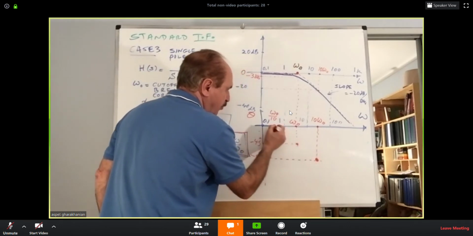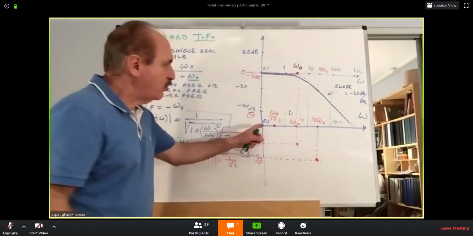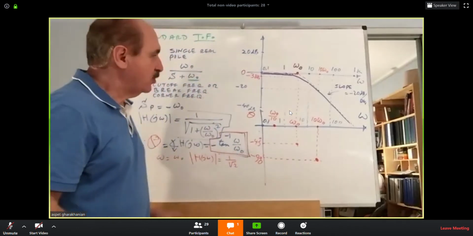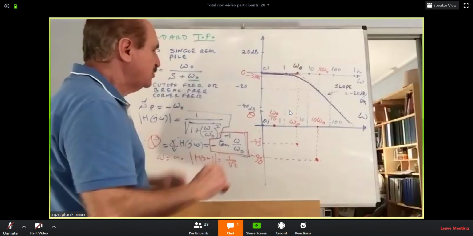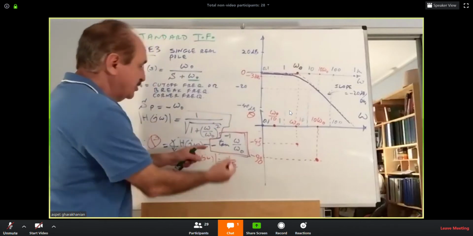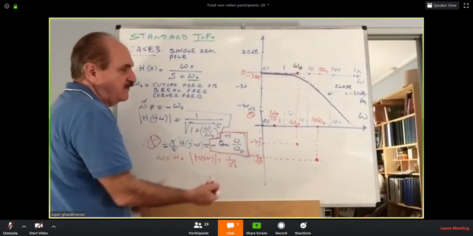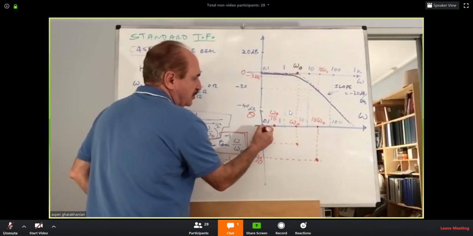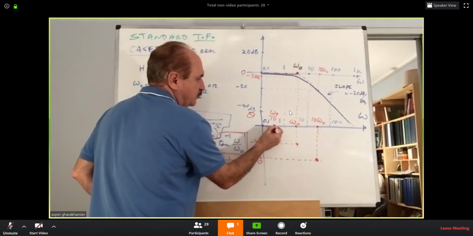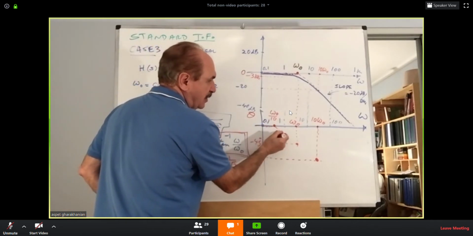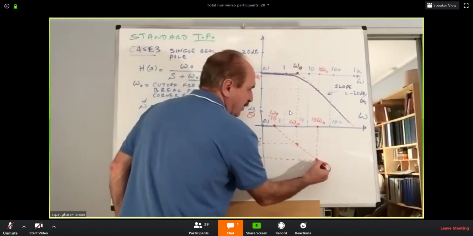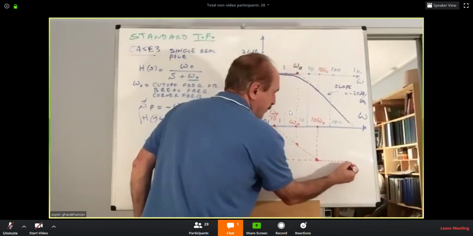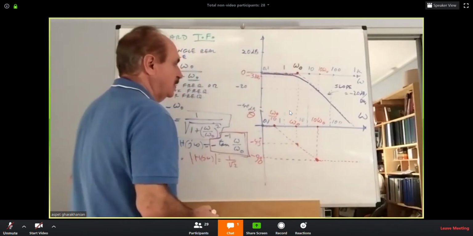So we got 3 points, and these 3 points will be collinear. Then construct the inverse tan function. Dotted line up to here, straight line up to here, and another straight line going that way.